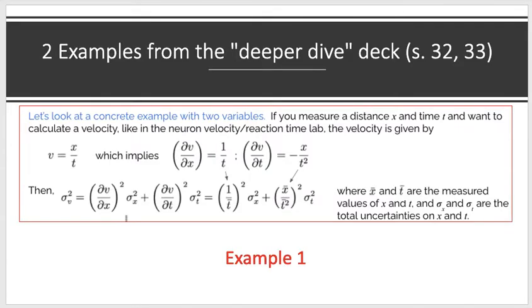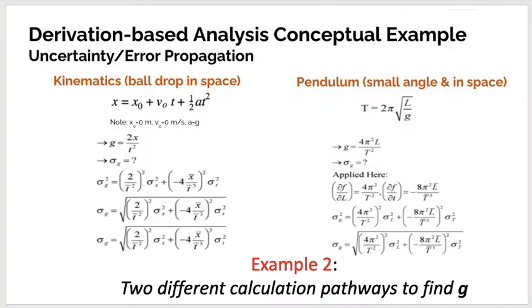Let's look at some examples. We'll look at a couple. I'm not going to walk you through these examples because they're clearly laid out and you'd be better off doing it on your own. But here's example 1. This is a very simple two-variable case. And here, in the second example, is a couple of different ways to calculate the very same thing so that you can see the difference that your pathway might take.